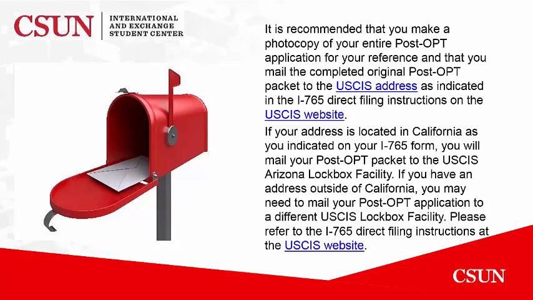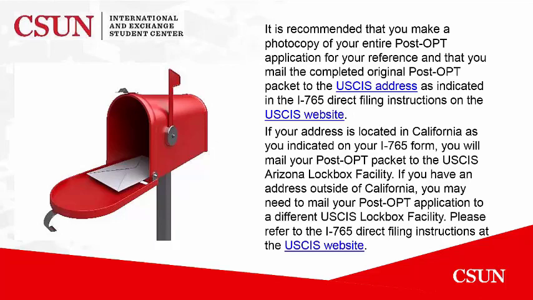It is recommended that you make a photocopy of your entire Post-OPT application for your reference, and that you mail the completed original Post-OPT packet to the USCIS address as indicated in the I-765 direct filing instructions on the USCIS website.